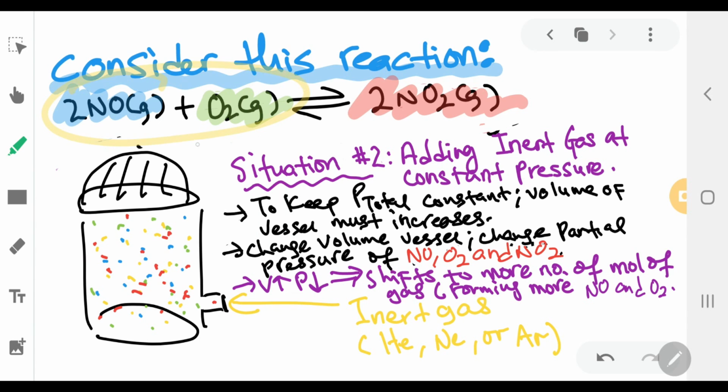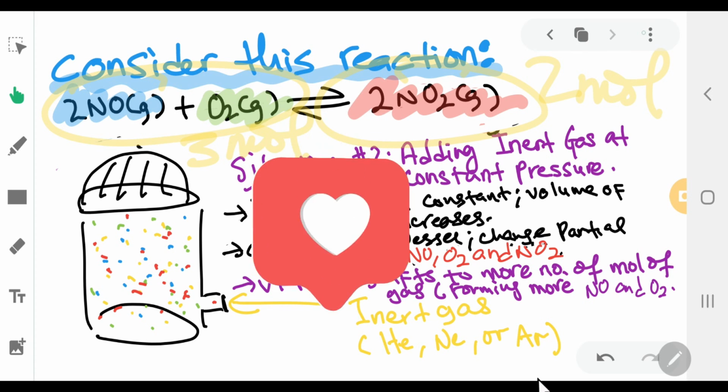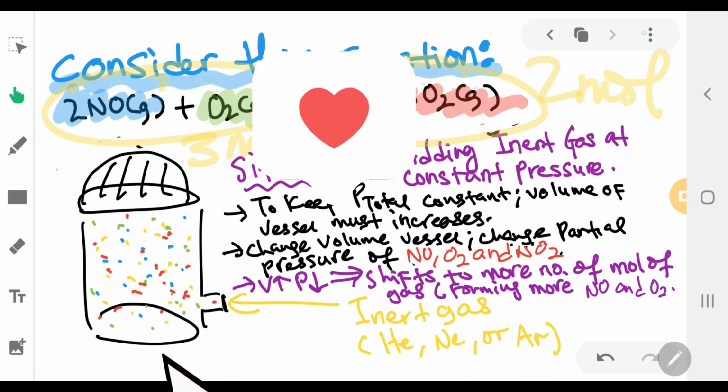That one will be 3 mole. This one is 2 mole. So when the pressure decreases, because you have to increase the volume when you add inert gas, it will shift to the side with more moles of gas. Therefore, you're going to form more NO and O2 in order to achieve the new equilibrium.